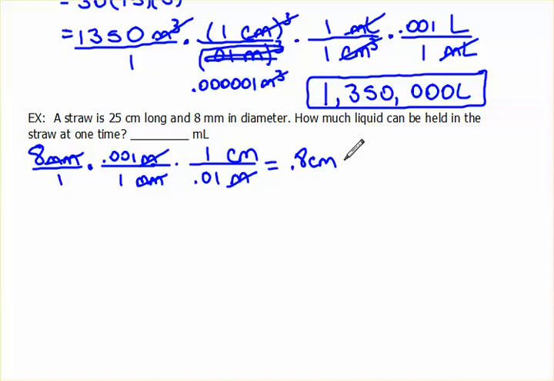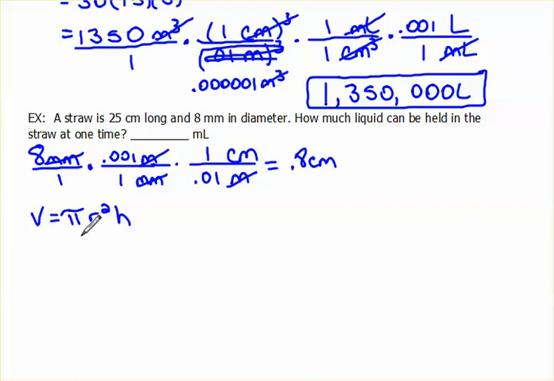All right. Now, a straw, we got to stop and think about this. A straw is a right circular cylinder. So we need a formula for the volume of right circular cylinders. And our volume here is going to equal pi r squared h.